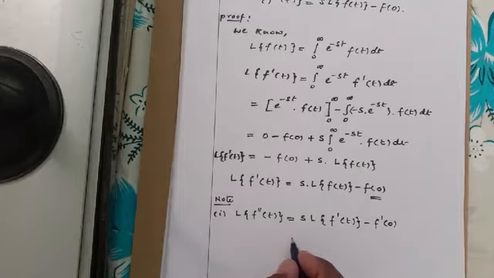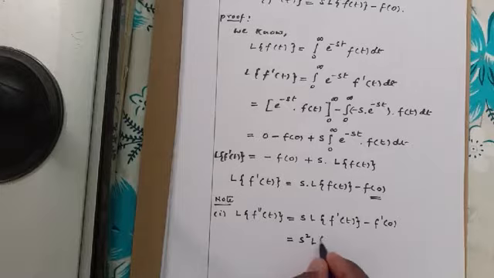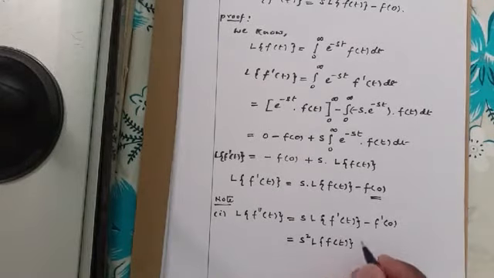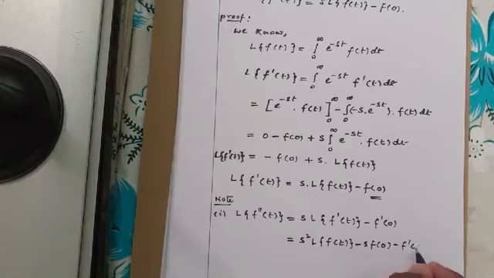That is also equal to, when you solve, s square Laplace of f of t minus s into f of 0 minus f dash of 0.